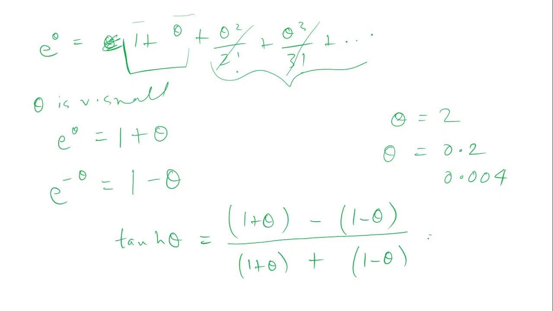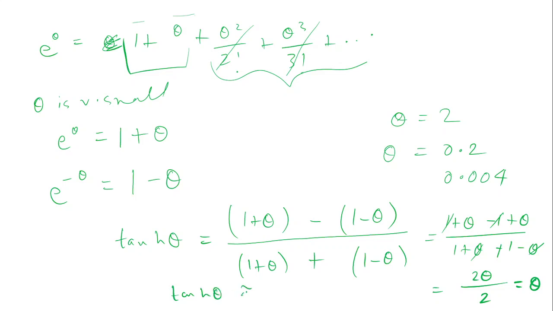When I open the brackets, I'll get 1 plus theta minus 1 plus theta, and in the denominator 1 plus theta minus 1, plus 1 minus theta. So the 1 cancels, I'll have 2 theta, and in the denominator theta cancels, I'll have 2. That means tanh theta can be written as theta if theta is very small.